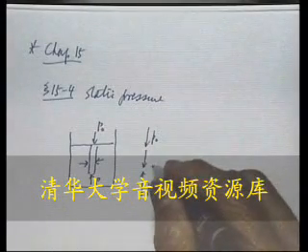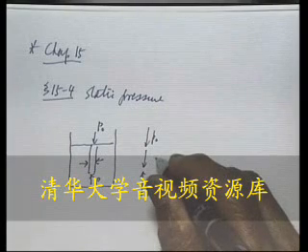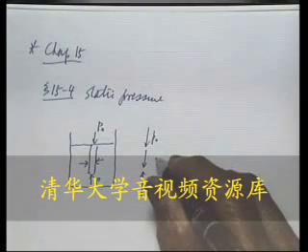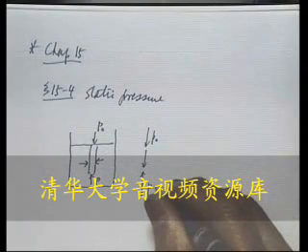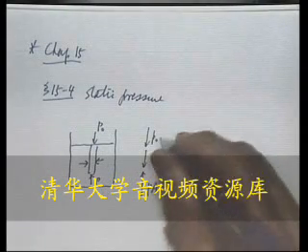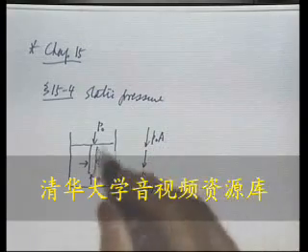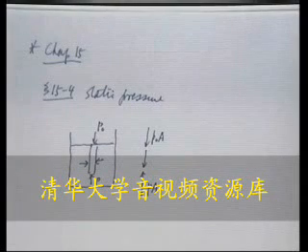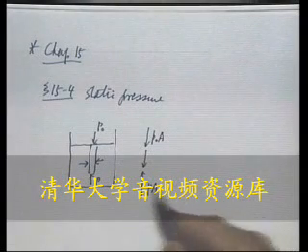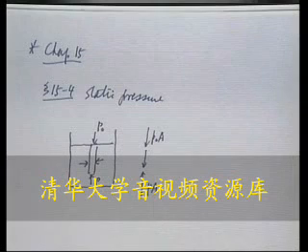So if the area is the unit area, or let's say that the area is A. P0A is the total force exerted on the top surface. PA is the total force exerted on the bottom surface.